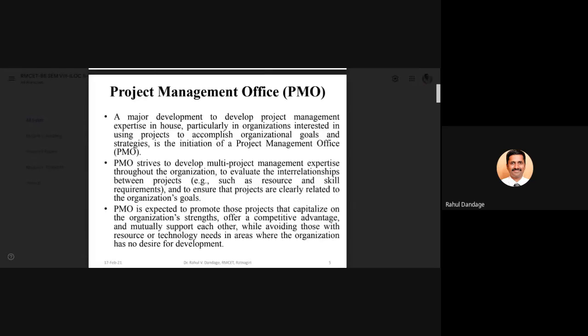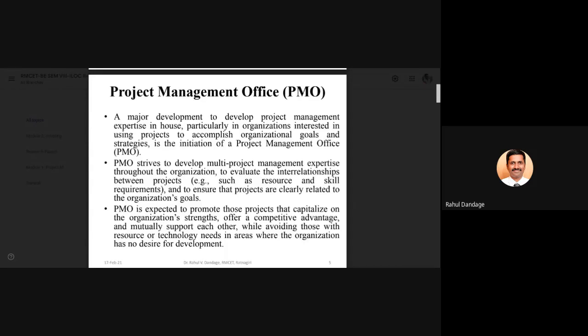When we say evaluation of the interrelationship between the projects, it is nothing but the resource requirement and skill requirement. So how we can plan the resources, and how the skills and expertise of the available project team members can be utilized for multiple or interrelated projects, so that we can ensure the projects are clearly related to the organizational goals.